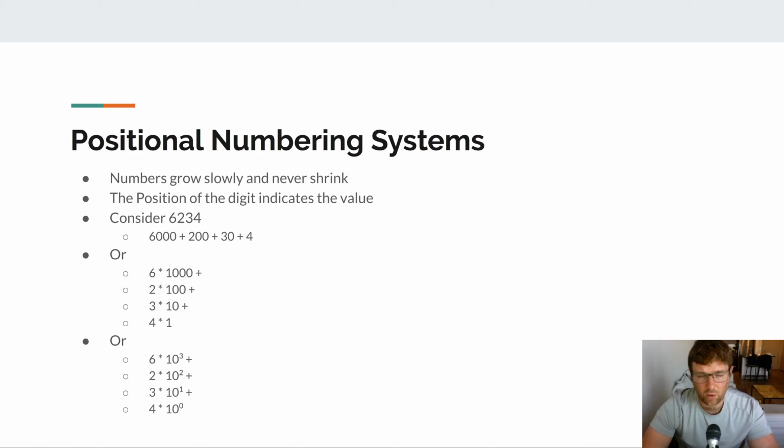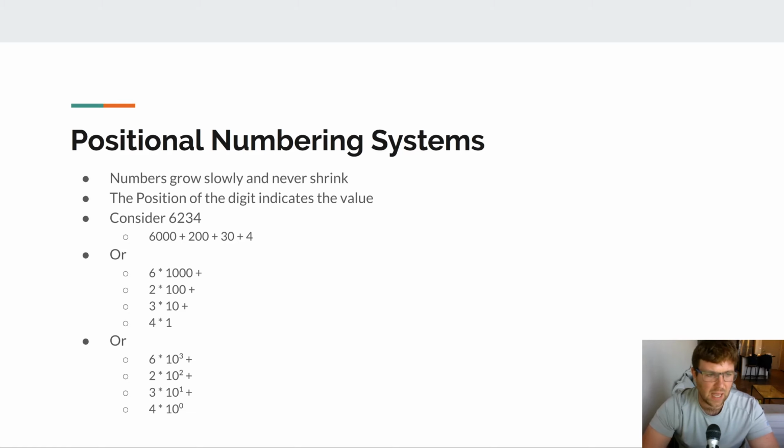So decimal is a positional numbering system. That's what it's called. The numbers grow slowly and they never shrink. Each position of the digit changes the value of that number. We're decimal, so we call that base 10. If we look at the number 6,234, we know that it's 6,000 plus 200 plus 30 plus 4.